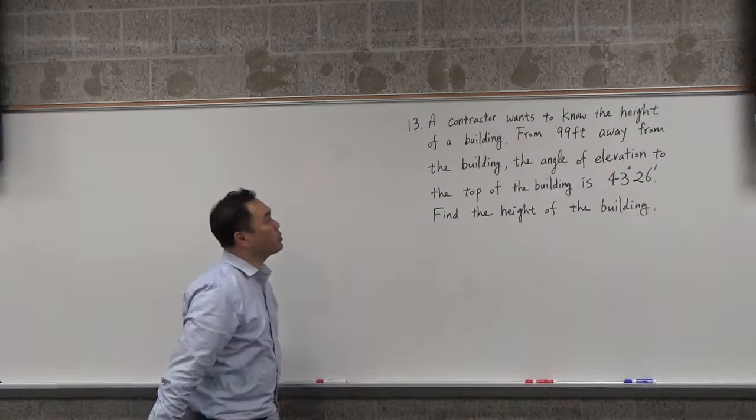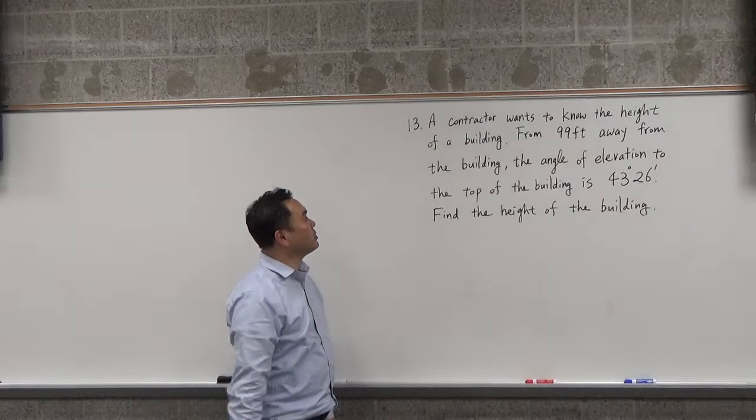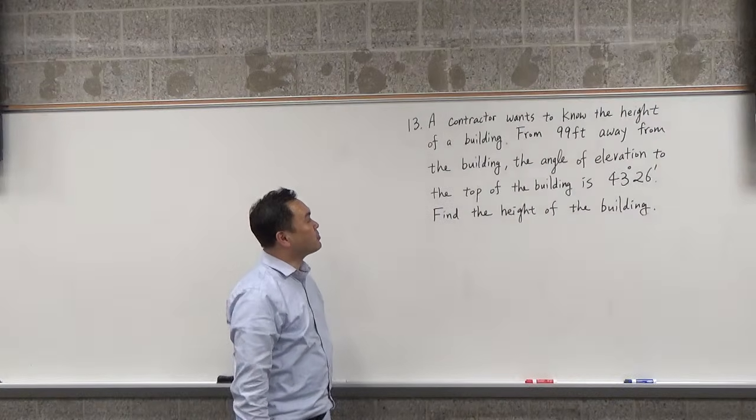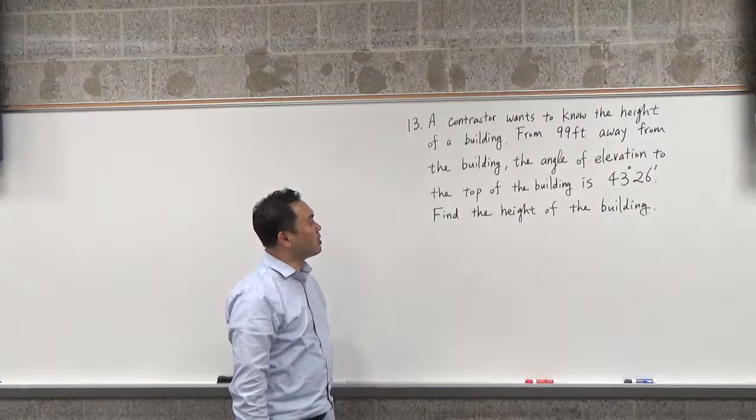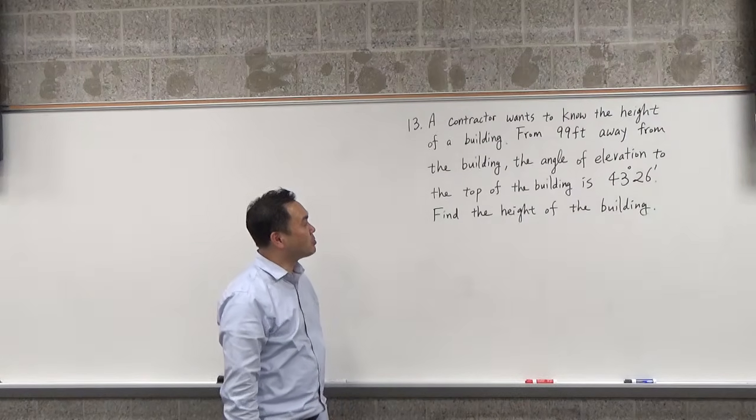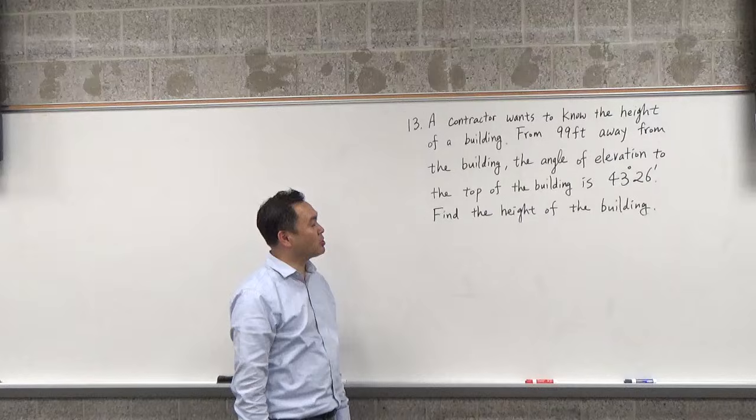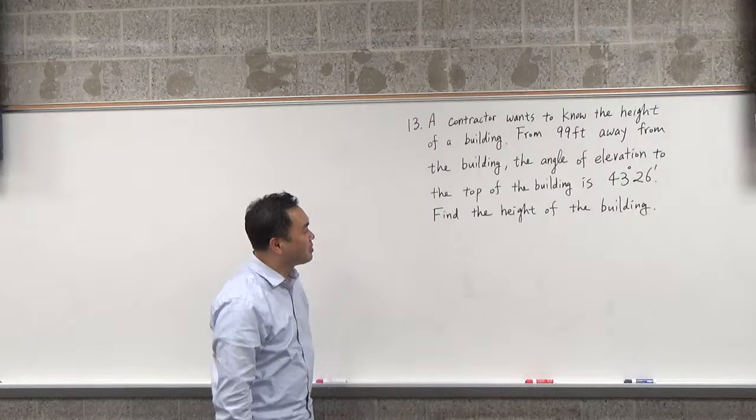A contractor wants to know the height of a building, and from 99 feet away from the building, the angle of elevation to the top of the building is 43 degrees and 26 minutes. Find the height of the building.